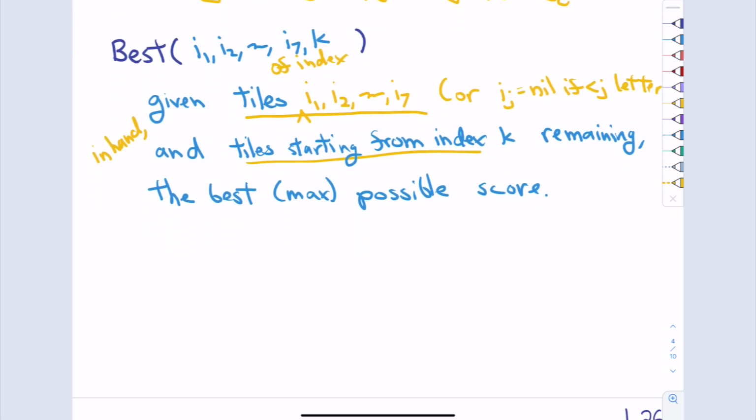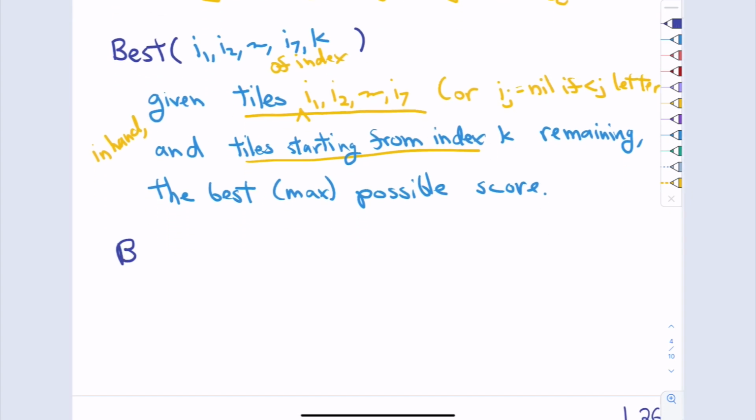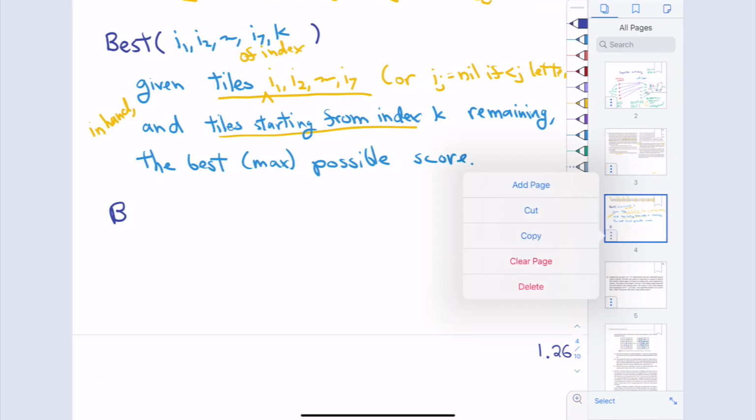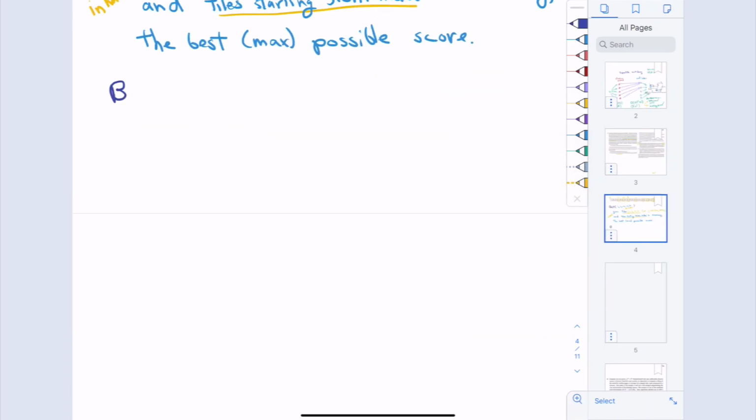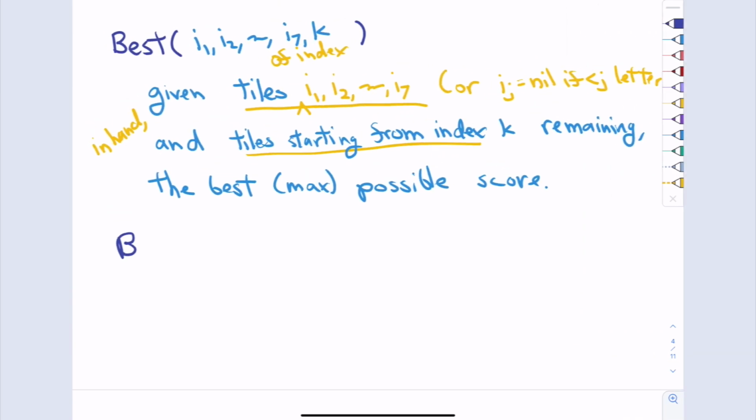Okay, so now if I wanted to implement, and keep in mind, all I want to do at this point, insofar as we're confident in our sentence, is just to implement that sentence. At some level, I've abstracted out a lot of the details. So, best I1, I2, I7, okay.